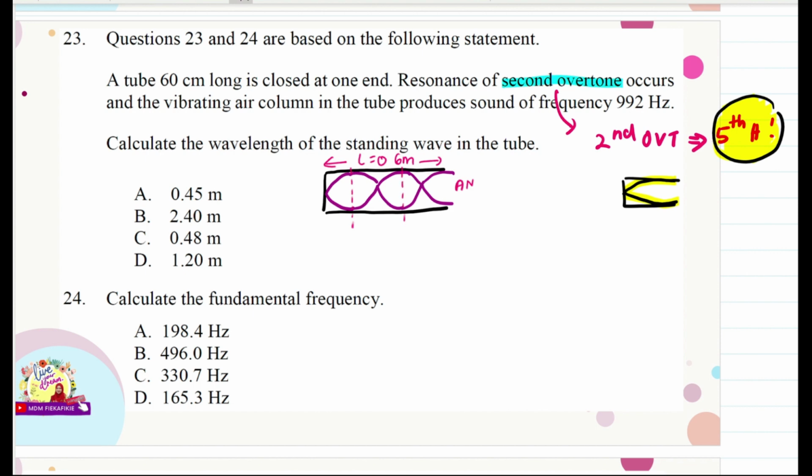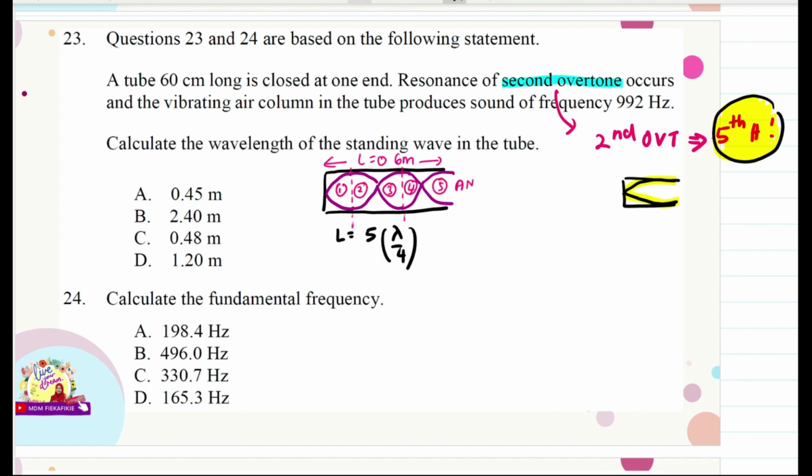Okay, di mana 1, okay, ini adalah lambda over 4. This is another lambda over 4. Okay, lambda over 4 yang ketiga. Lambda over 4 yang keempat. And this is lambda over 4 yang kelima. So, kita nak kira lambda. So, kita tahulah ini ada berapa? 5. L is equal to 5 kali lambda over 4.